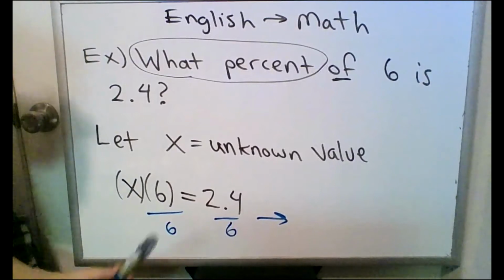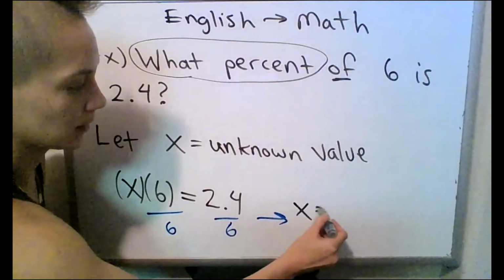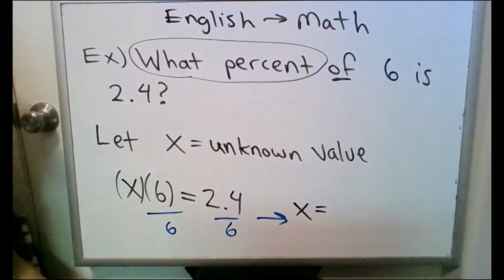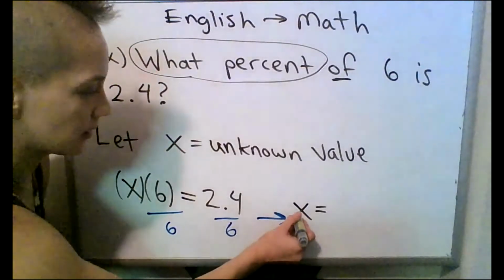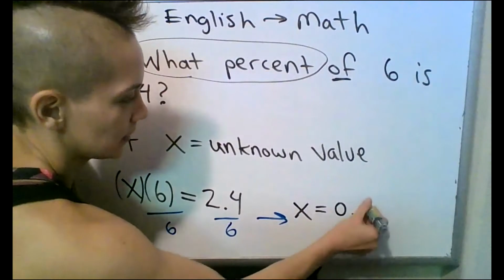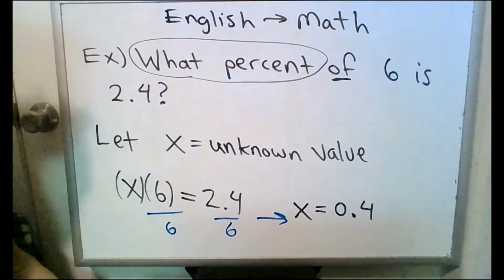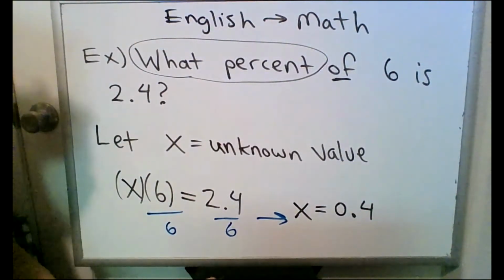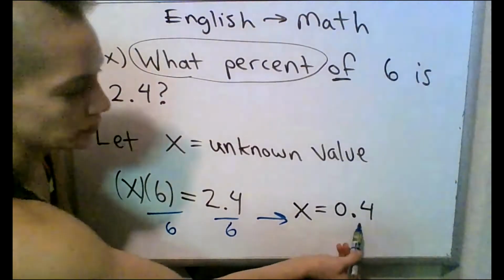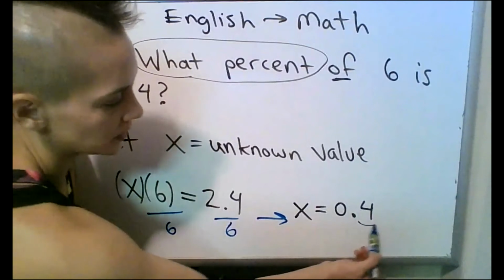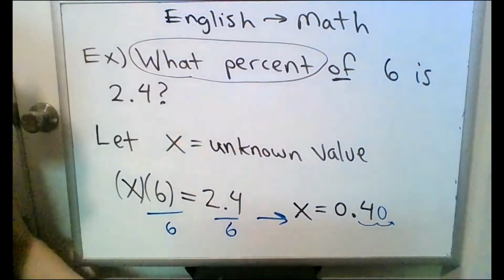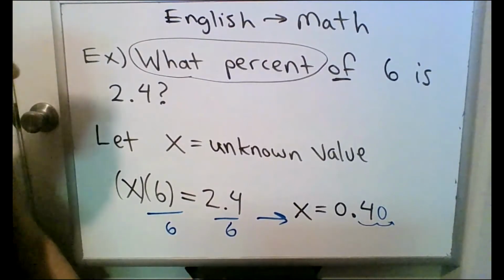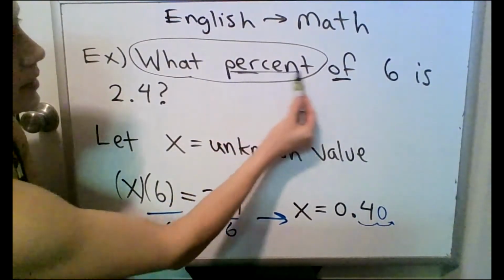So x will equal 2.4 divided by 6 was 0.4. And either you can multiply by 100 over 100, or I think we talked about moving the decimal place 2 times to the right. And you'd have 40%. It's asking for that percentage.